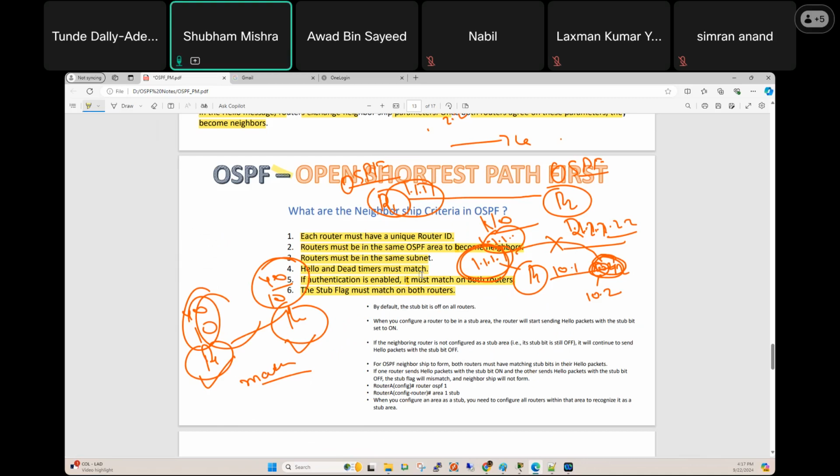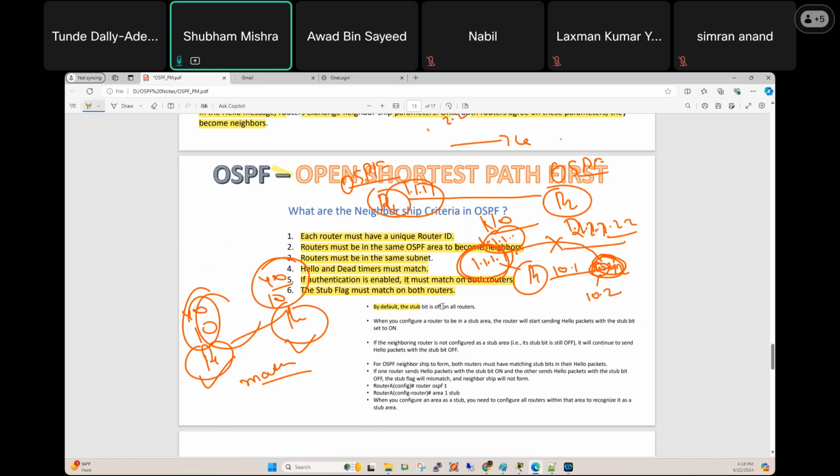In a stub area, multiple LSAs are filtered out because we do not want heavy load on a router. To reduce the heavy load, we make the stub area. When you enable the stub area, routers exchange the stub flag, so it must match. Otherwise, both routers will never become neighbors.